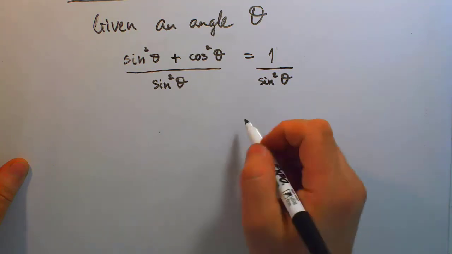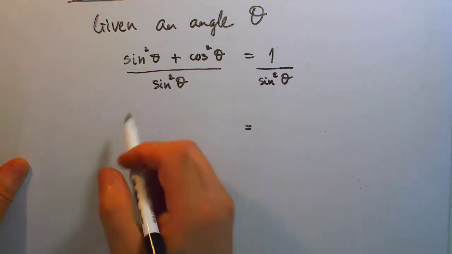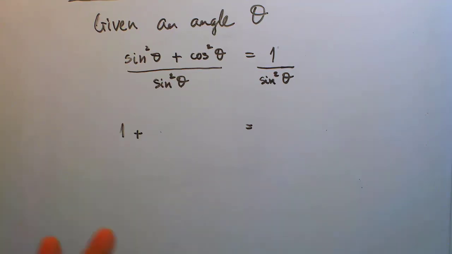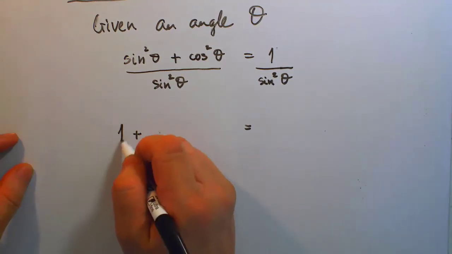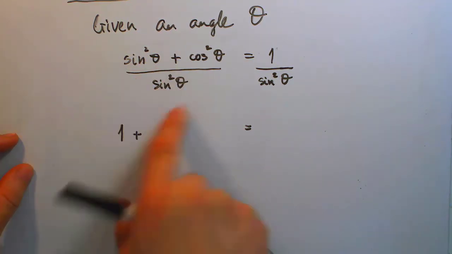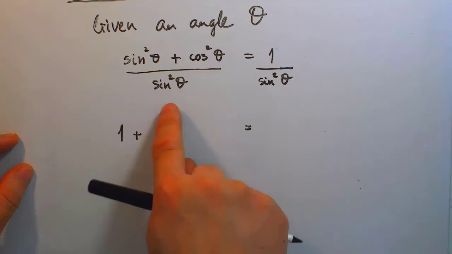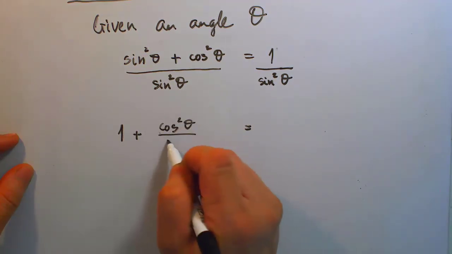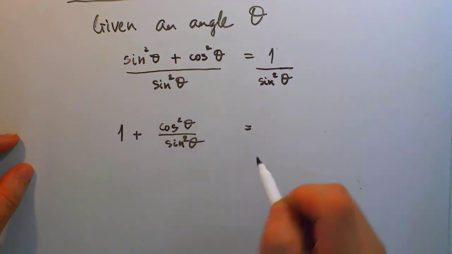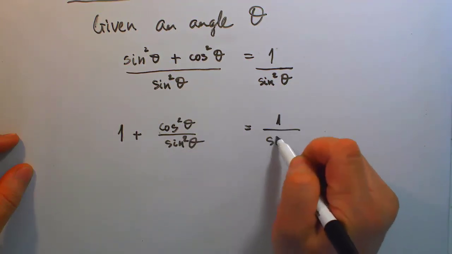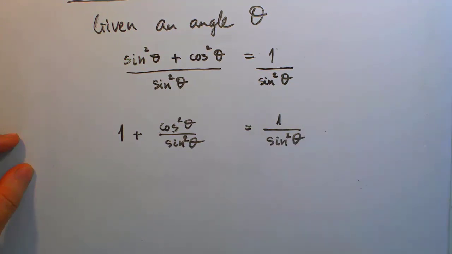Once we divide both sides, the left hand side will become 1, as sine square over sine square is 1, and the other, cosine square over sine square, is a fraction, cosine square theta over sine square theta, and all that equals, the right hand side, 1 over sine square theta.